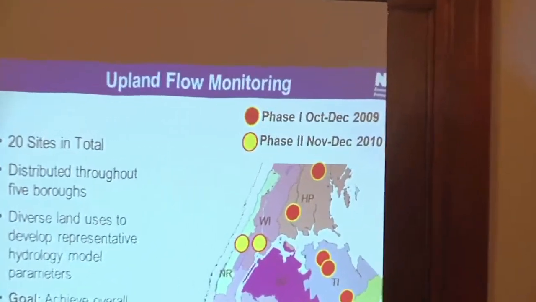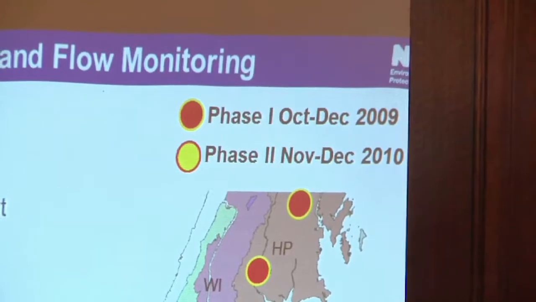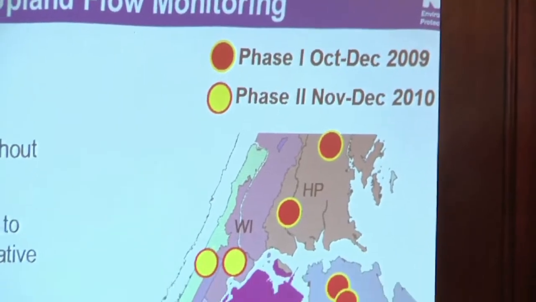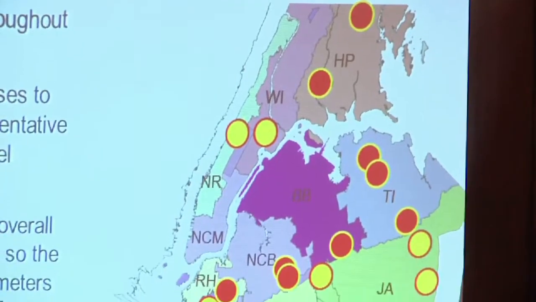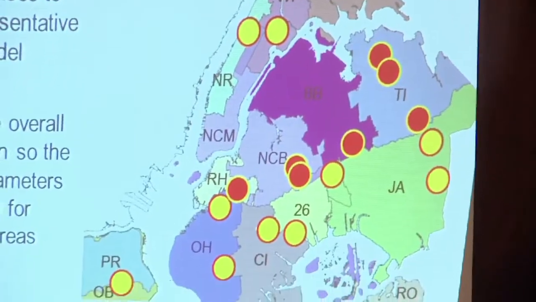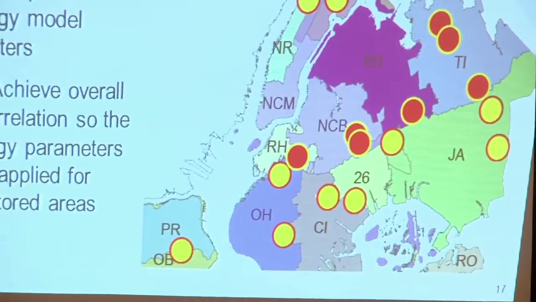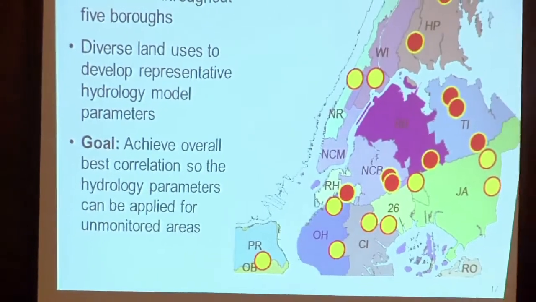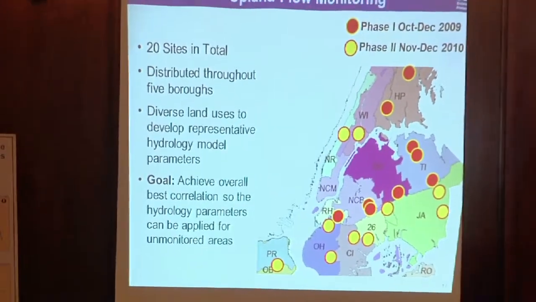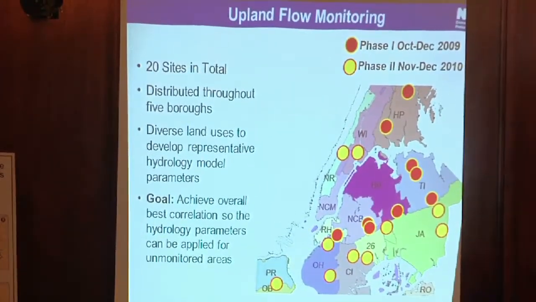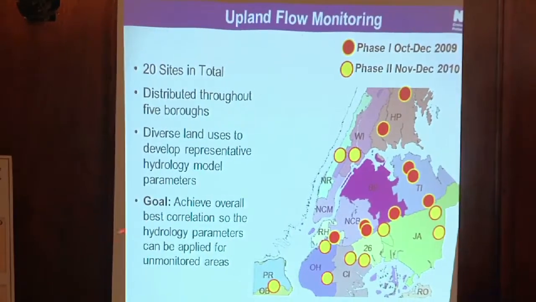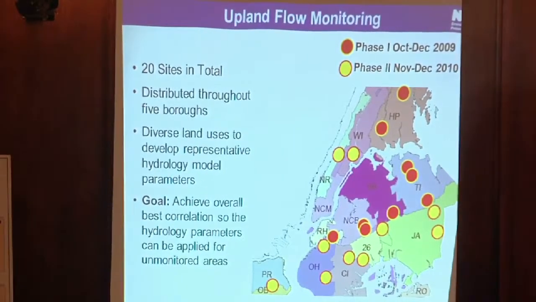Some areas with high pervious area, some with medium, and then some on the high end of imperviousness. Some representing a lot of single-family residential as compared to some others with industrial and commercial types of land uses. So the overall goal was to make sure that we get the best correlation in all the 20 locations.